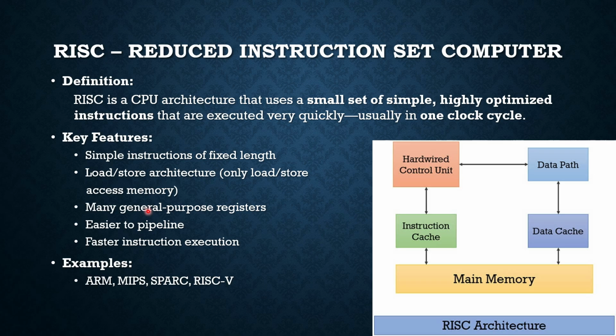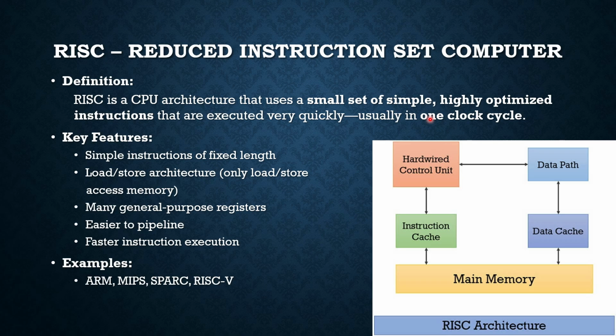It is easier to pipeline and has faster execution of instructions. So this is an example of RISC architecture, with a simple instruction set which can execute quickly within one clock cycle. Examples of RISC processors are MIPS, SPARC, and RISC-V processors.